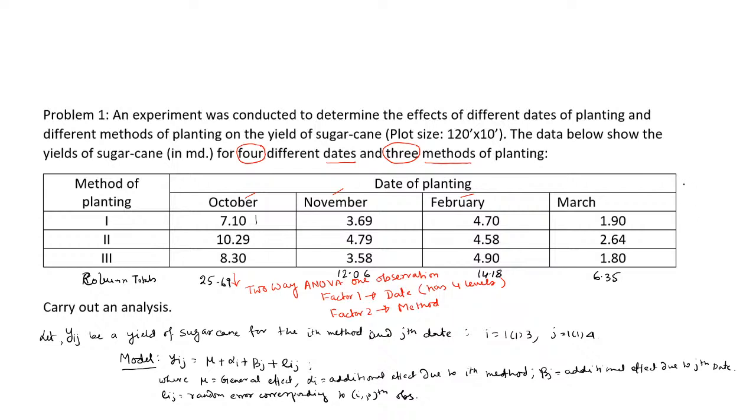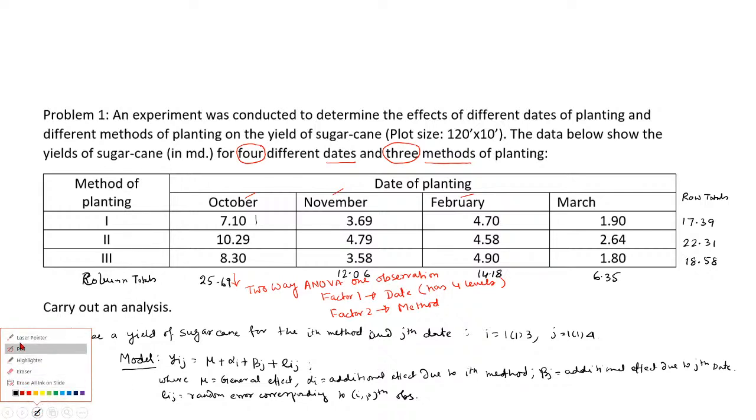And now this is row total: 17.39, 22.31, 18.58. So I denote column total by Ti naught, a sum over j from 1 to 4 of Yij, where i from 1 to 3.